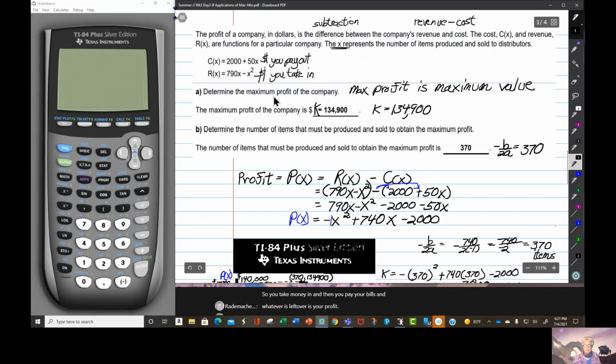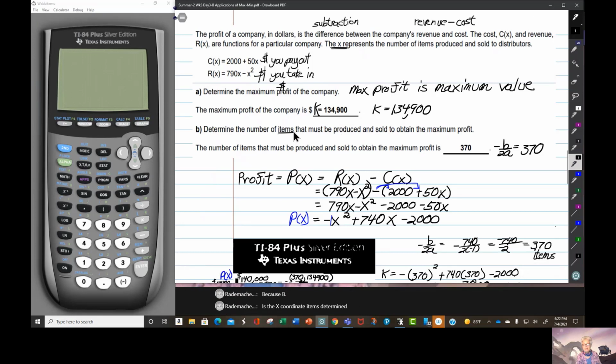Determine the maximum profit. That's money. Money is almost always either the maximum or the minimum value. You can't just find it. This is a trick question because B is the x-coordinate, items.